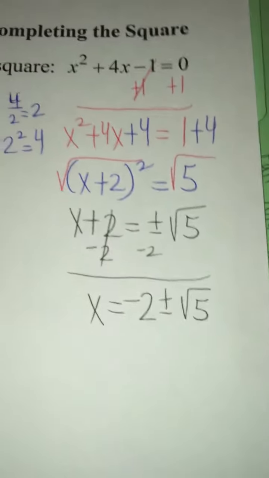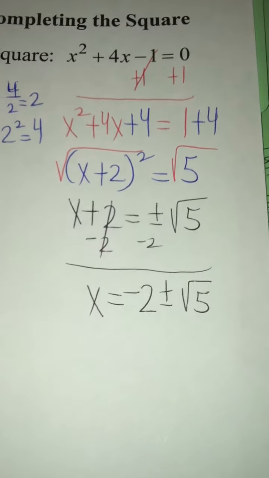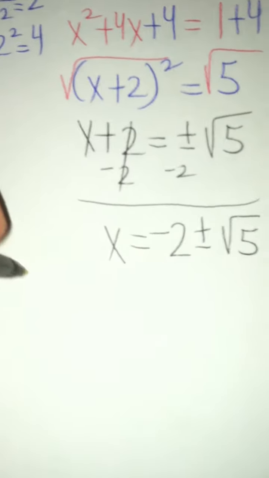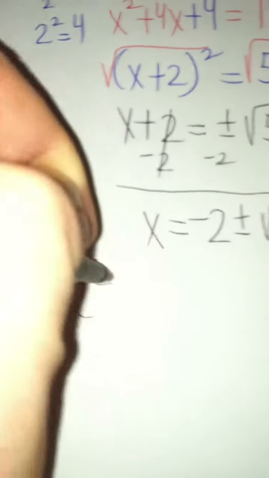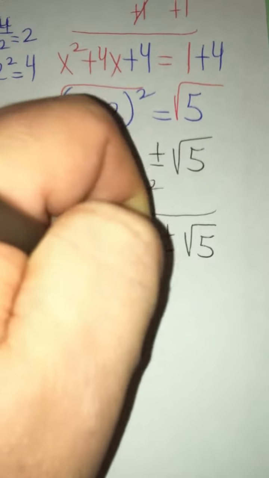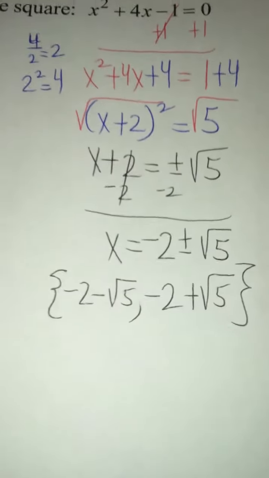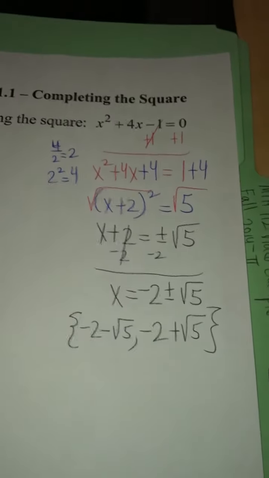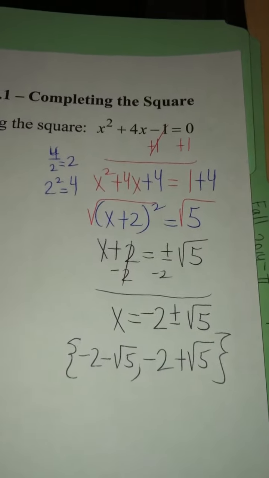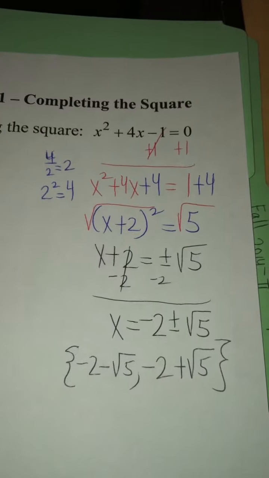Therefore, we have negative 2 plus or minus square root of 5. And like before, we need to express this answer as a solution set. So our final answer would be negative 2 minus square root of 5 and negative 2 plus square root of 5. So these are the steps you need to perform in order to complete the square.